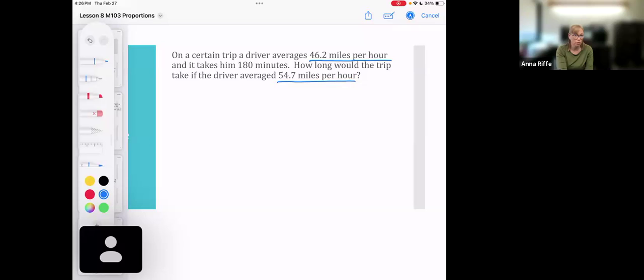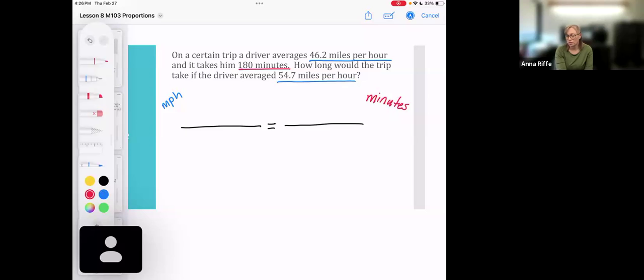So it looks like speed is one of our variables. It's one of the things that we're comparing. So speed in miles per hour. And then time is the other. So it says it takes him 180 minutes. So those are my variables.